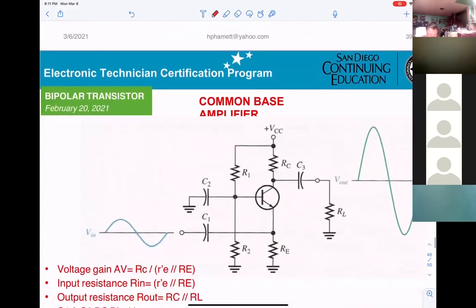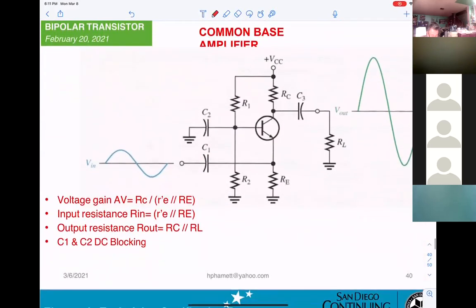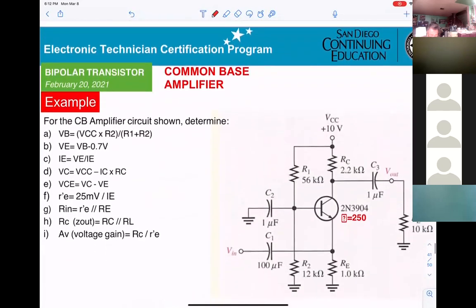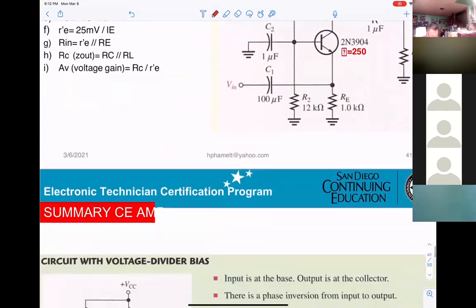Then for the common base, everything is already shown here. Input and output will be in phase. Also they give you the gain equal to RC divided by R prime E in parallel with R big E. This is your calculation.